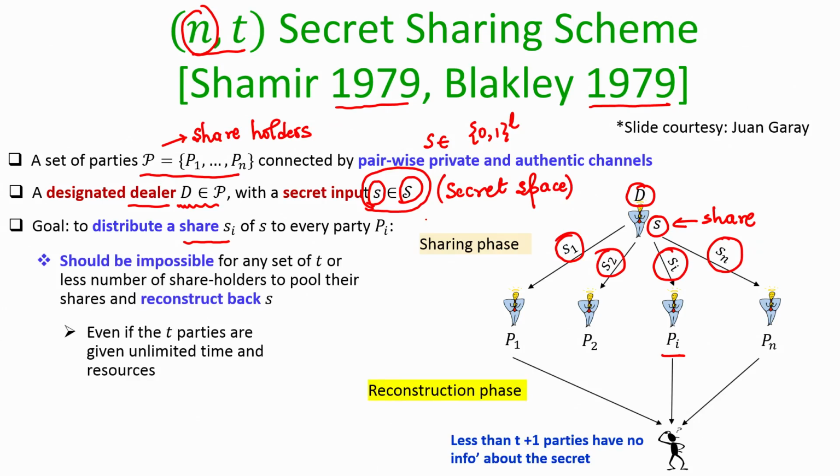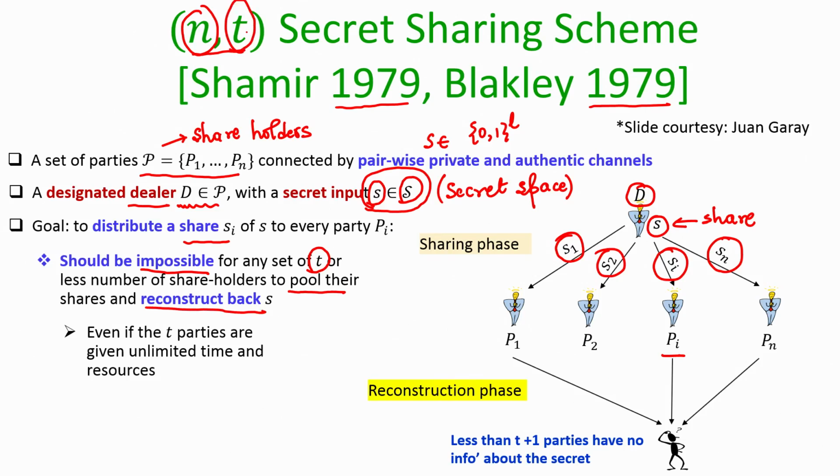So, to make the problem interesting and to model what exactly we had seen in the previous two examples, we need the following requirements from this sharing mechanism. We require that it should be impossible for any set of t or fewer shareholders to pool their shares and reconstruct the secret S. Again like n, t is also some given parameter.